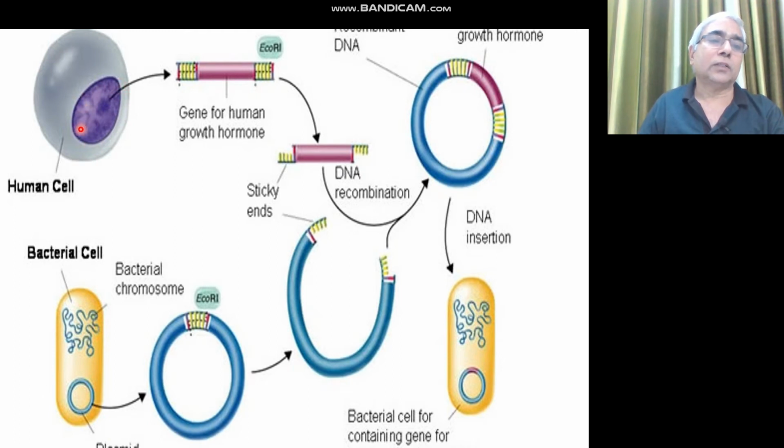The nucleus has the genetic material, the 46 chromosomes, which is a very vast molecule. When you see the length of all these 46 chromosomes of DNA. Now from that vast DNA, the growth hormone gene is separated with the help of an enzyme called EcoR1.